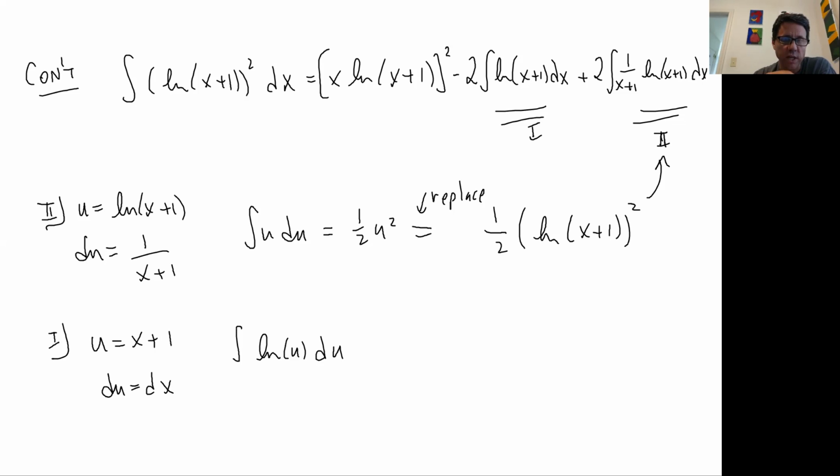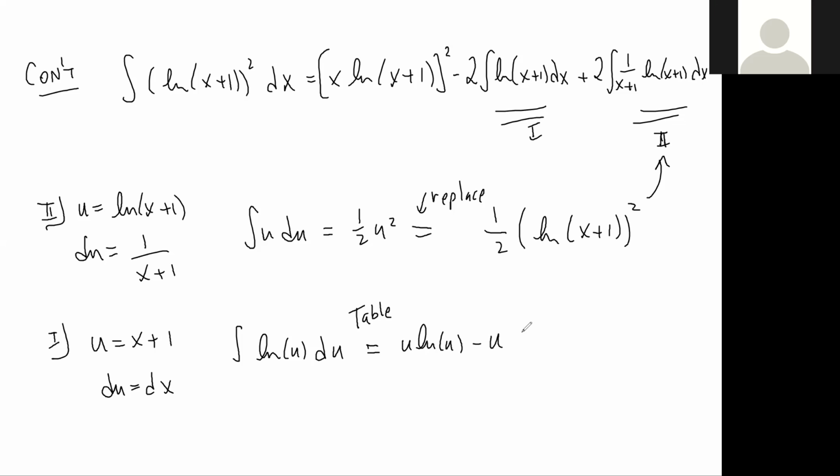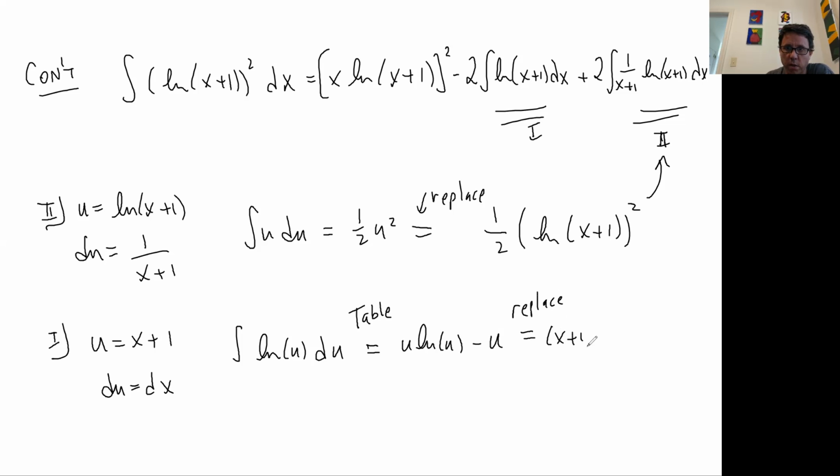So the integral of a natural log is x natural log x minus x. It's not x, it's u at this stage. So I get from the table and from class before, this is u natural log u minus u. And then replace. So this x plus 1 comes back in. It'll be x plus 1, natural log of x plus 1, minus x plus 1.